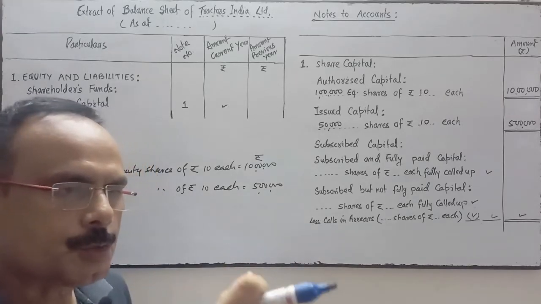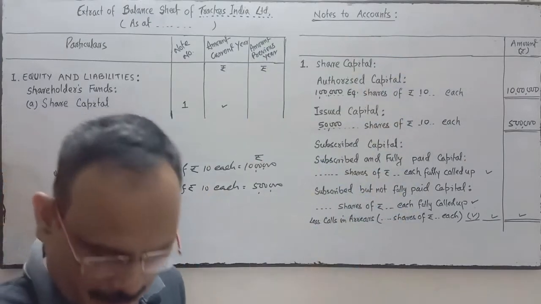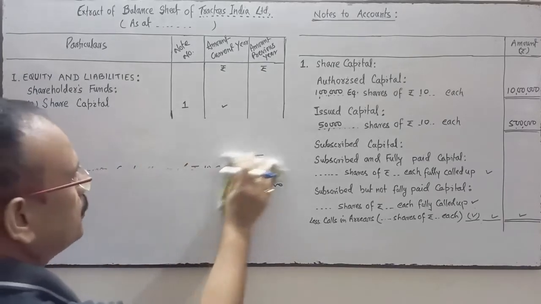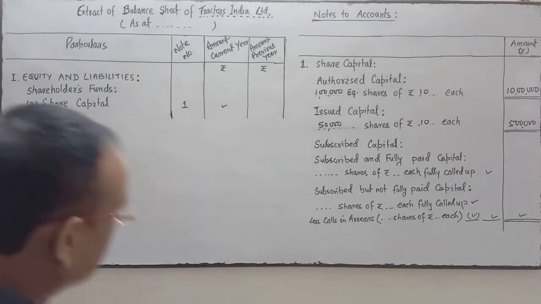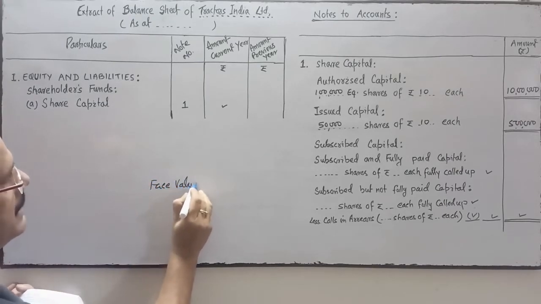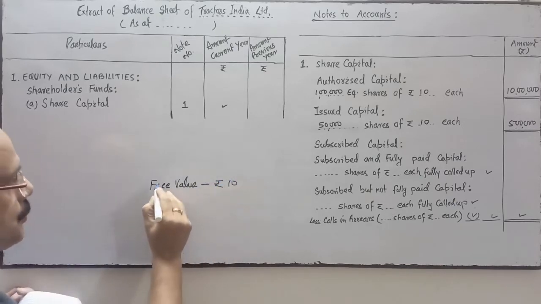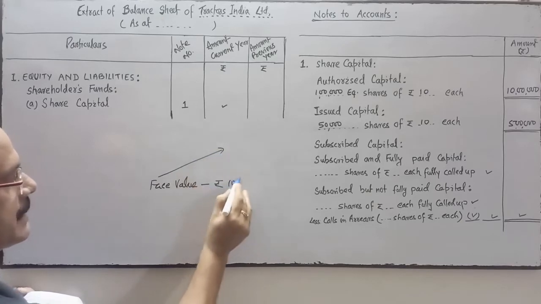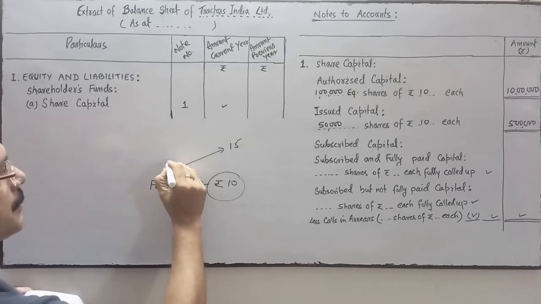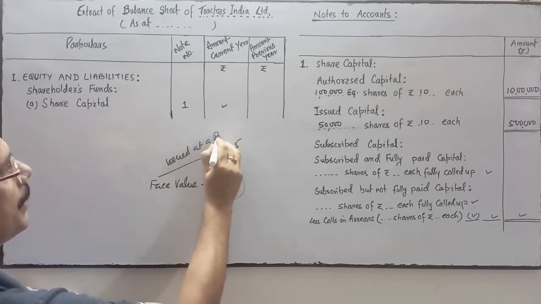When the shares are issued above the face value, it is called shares issued at a premium. Suppose the face value, the original value of the share, is rupees 10. And if the company issues the share above this amount, suppose at rupees 15, then it is called issued at a premium.